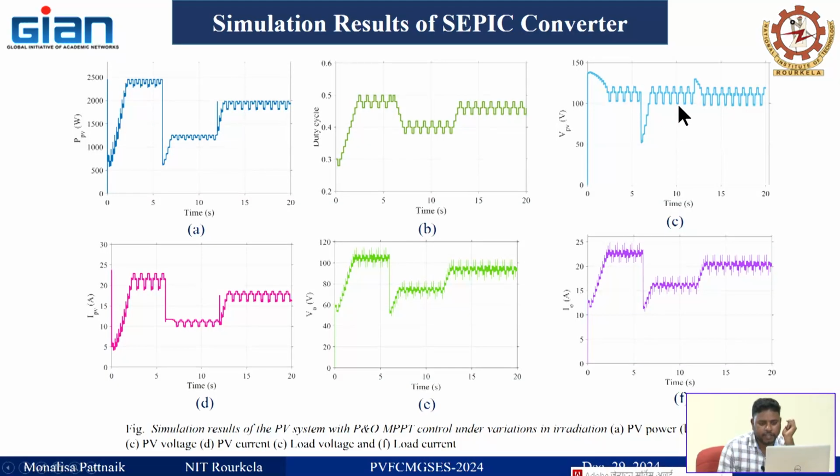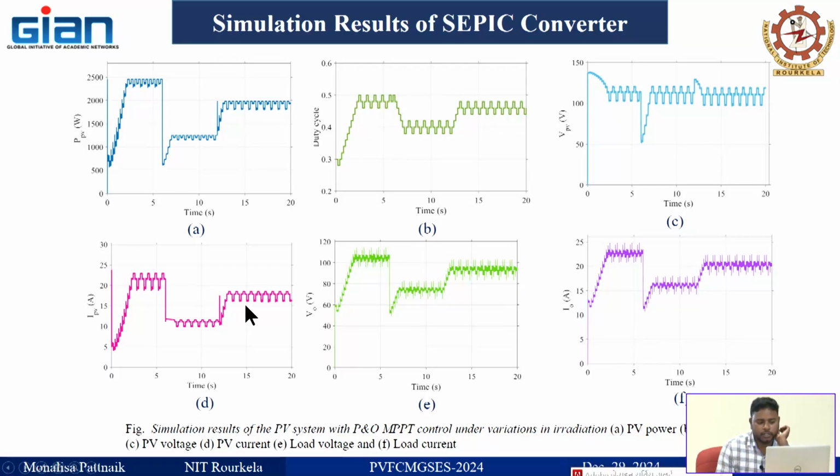So this is the PV voltage at maximum, and this is the PV current. When the insolation is changing, the maximum current is directly proportional to the insolation, so the current will also change. At 1000 watt per meter square, the current is more, around 24.